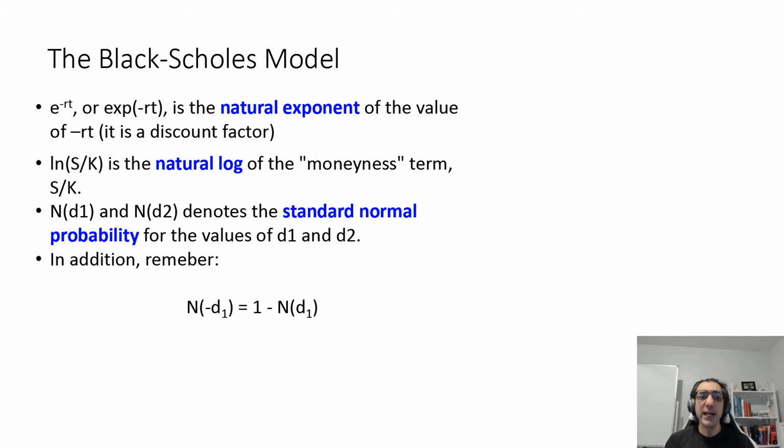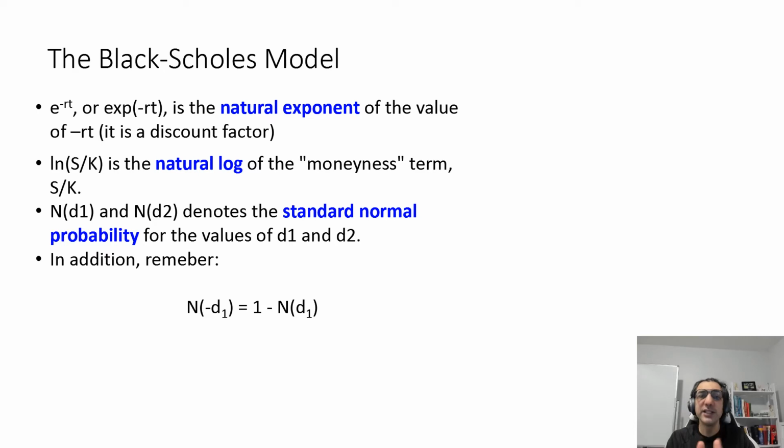What is N(d1) and N(d2)? Here we are referring to a standard normal probability for the values of d1 and d2. To find the N(d1) and N(d2), again, either you can use the Excel file, or there are some online platforms, web pages, which you can find the normal probability of these numbers.